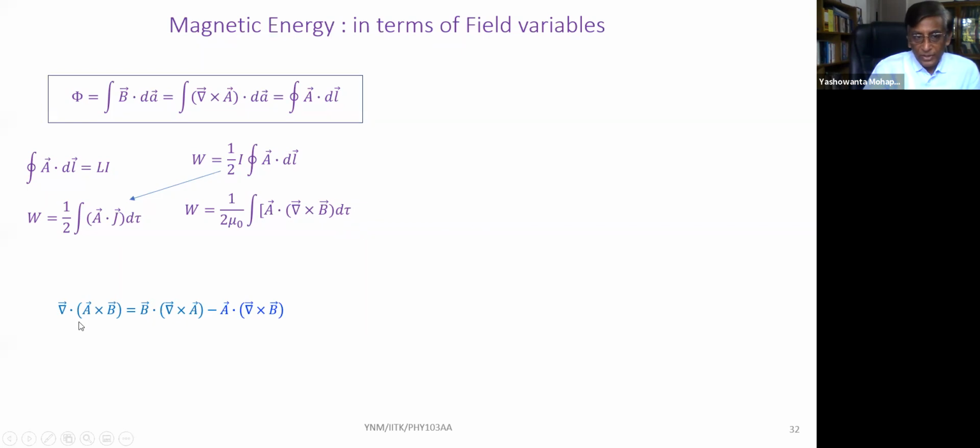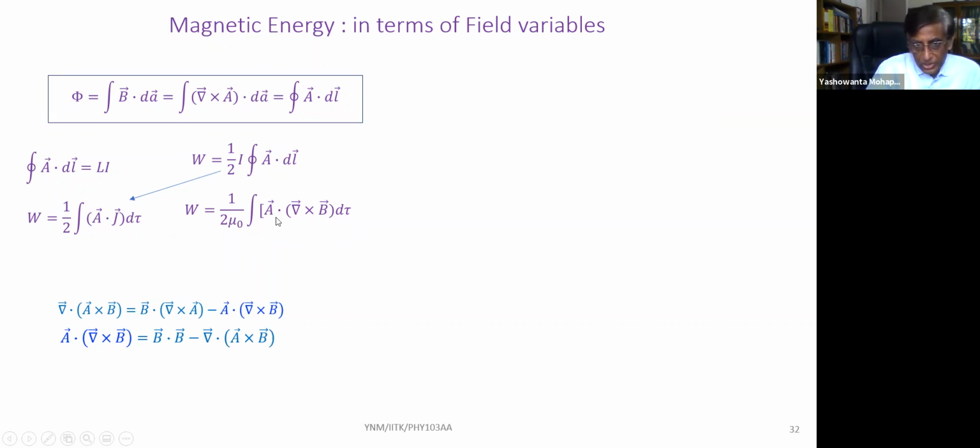This is product rule 6: del dot A cross B equals B dot del cross A minus A dot del cross B. What we have here is A dot del cross B. So I could write down A dot del cross B is equal to, now I have taken this out here and this back here.